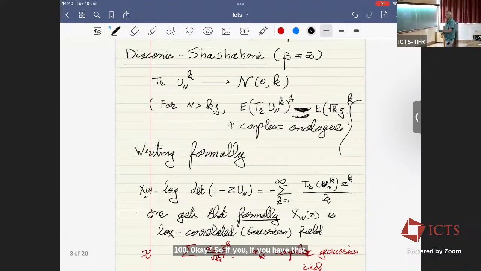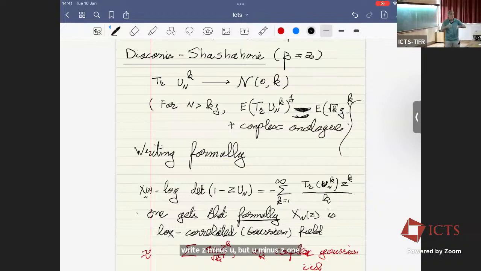you can take our log determinant and now expand the log in power series. When you expand the log in power series, you will get the trace to the power k times z to the power k. You will note that I did not write z minus U, but the identity minus z U_n.